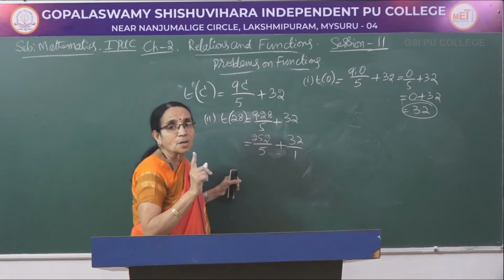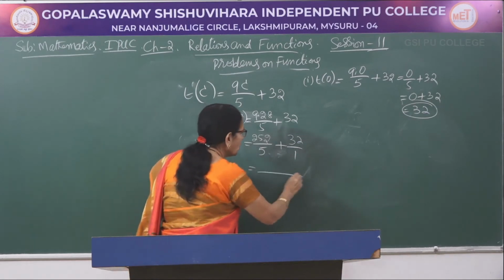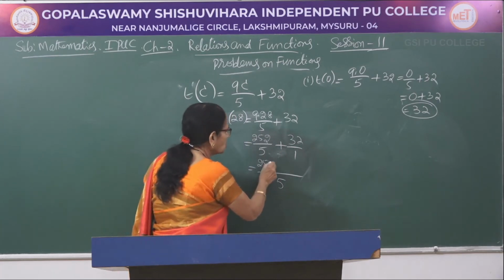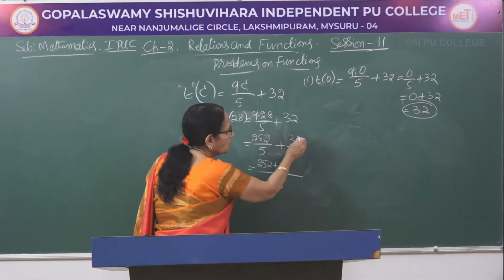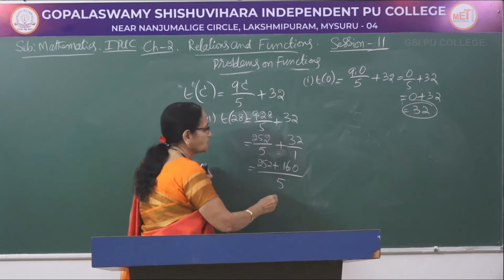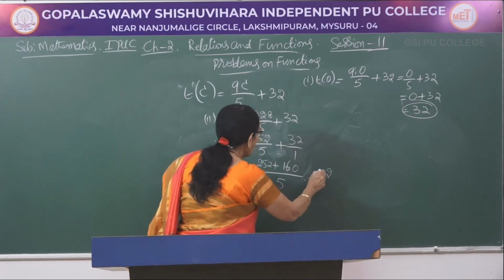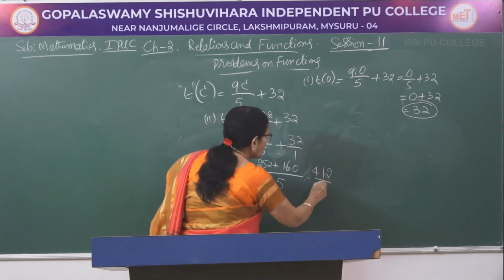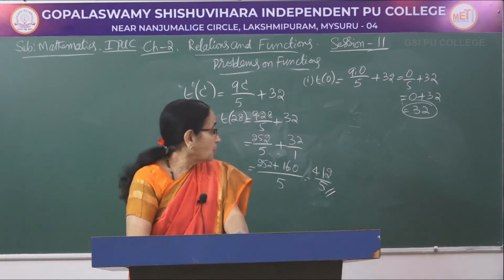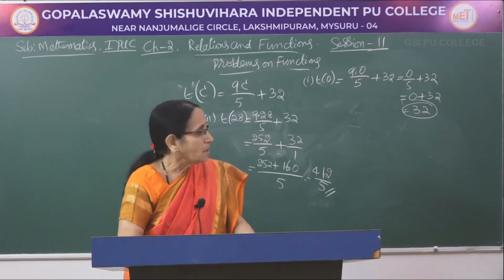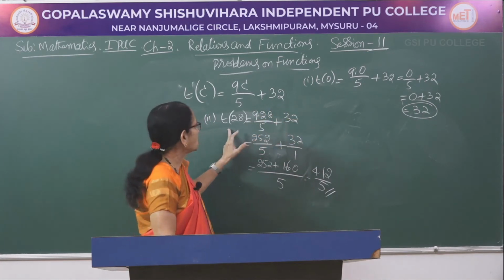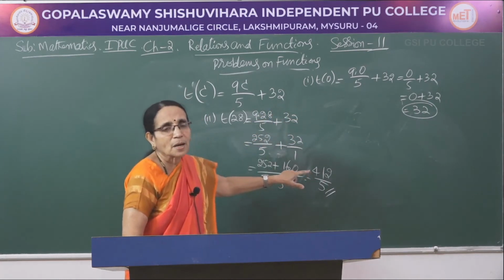This is an addition of fractions. As usual, you take the LCM: 5 ones are 5, and 5 2s are 10 and 5 plus... you get 412 by 5, that is the value of the second one. So, T of 0 was 32, T of 28 is 412 by 5.